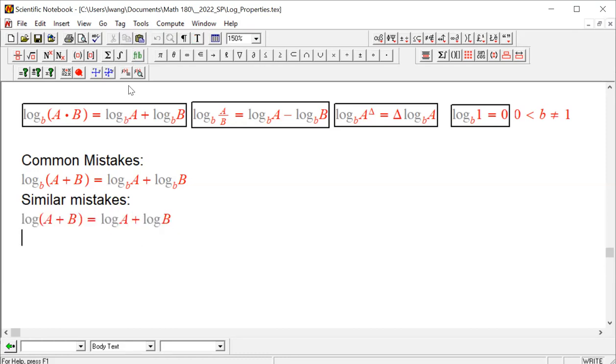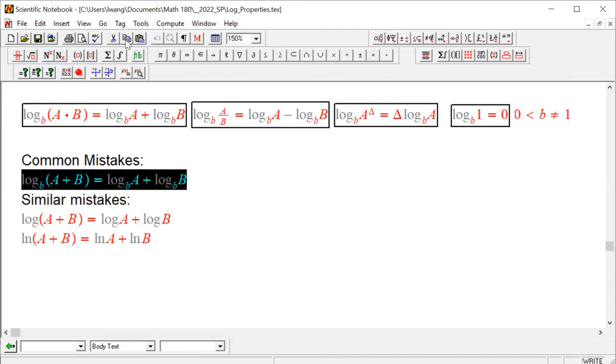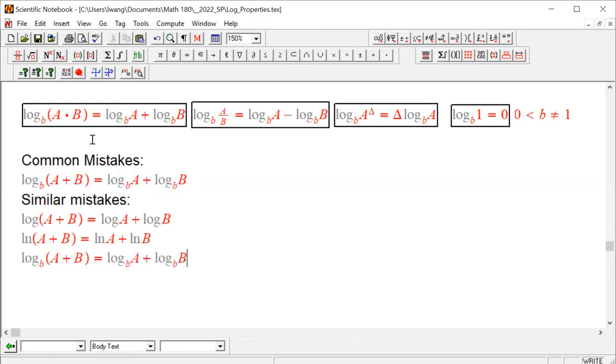So these mistakes are made in different ways. It seems to be rather intuitive. Hey, why not? Log of a plus b equals log a plus log b. Or sometimes the mistake could show up like this. It could be any base. People tend to make that mistake.